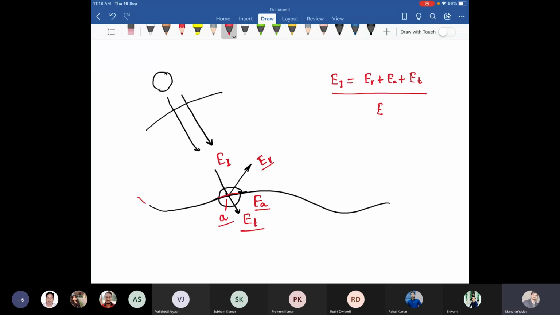In a solid medium, the transmitted energy is approximately 0, because we can expect the transmitted energy component only when the second medium is either air or liquid. So if this is a bulk solid material at point A, then the transmitted component is approximately 0. Then we have the incident energy EI equal to the reflected plus absorbed.